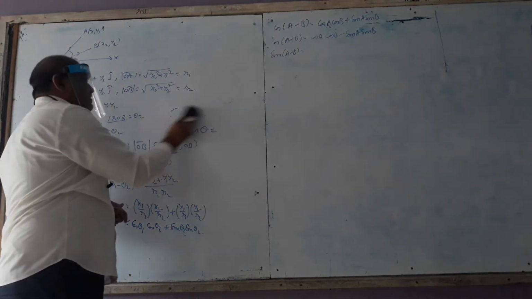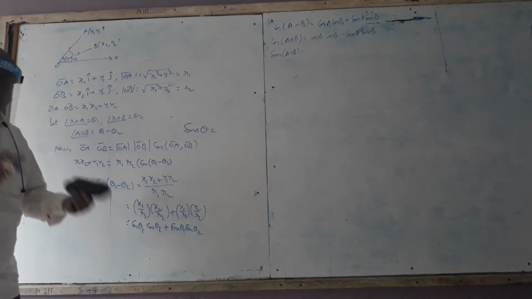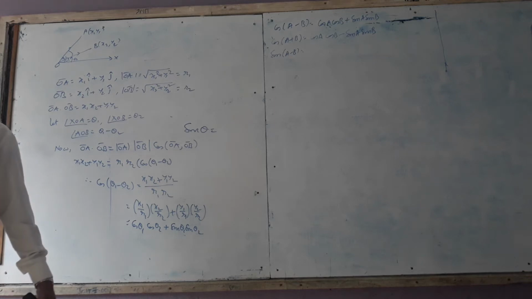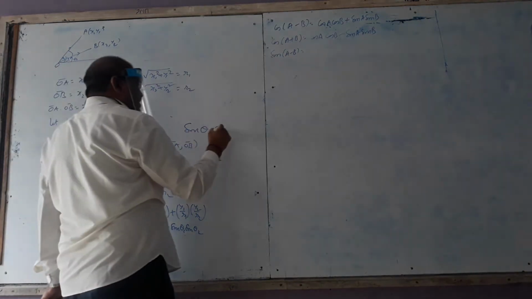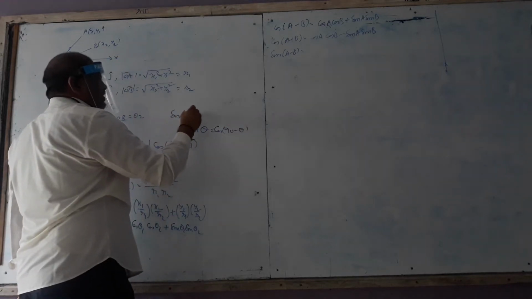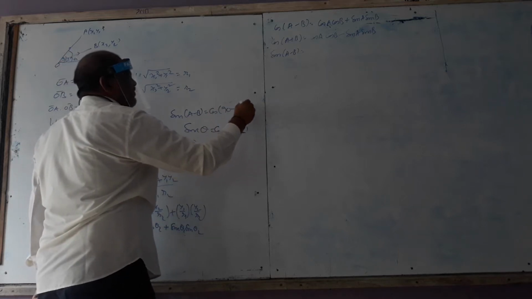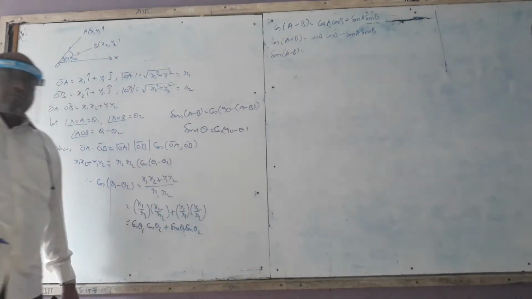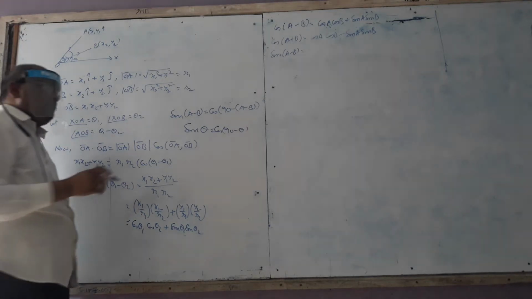I am not asking for the expansion of sin A minus B, only to find sin A minus B in terms of cosine. Yes, very good, sin theta is cos of 90 minus theta. So sin of A minus B I write as cos of 90 minus of A minus B.